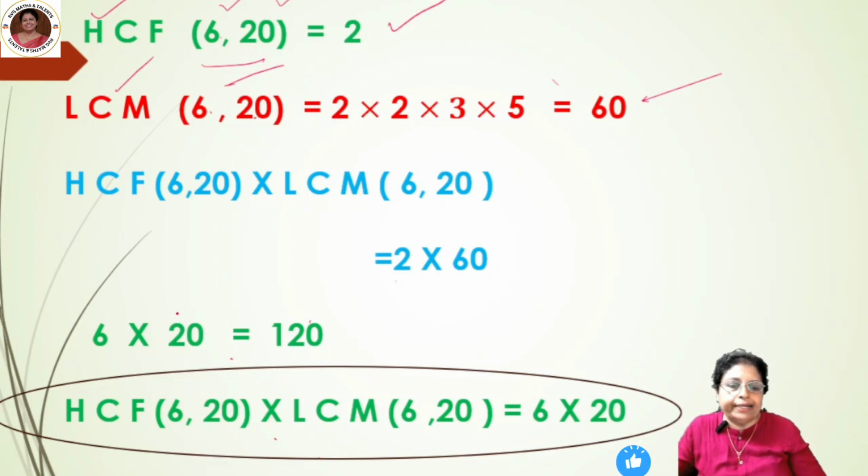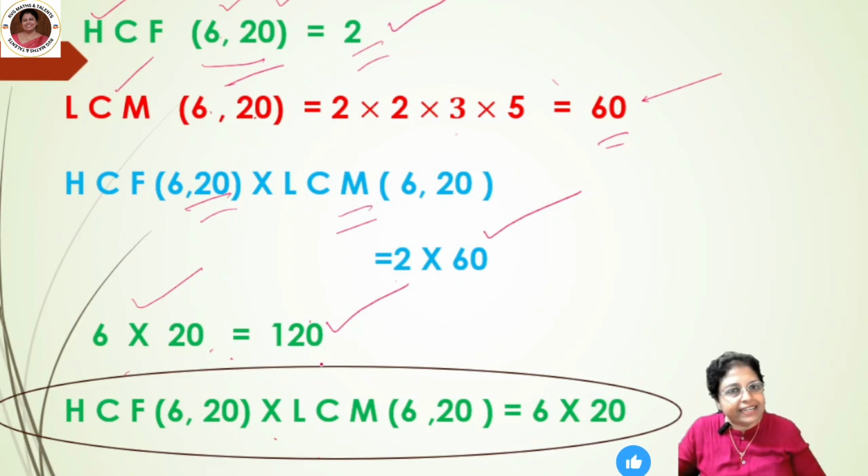If you find the product of these numbers, 6 times 20 is 120. And what is the product of HCF and LCM? 2 times 60, that is also 120. That means you can find a relation here: HCF times LCM will be equal to the product of the numbers 6 and 20.